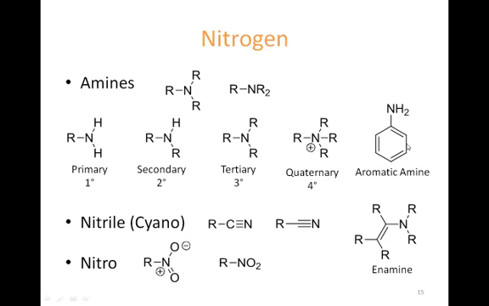And finally, you've got these aromatic amines or anilines, which we met earlier in the aromaticity part. And one of the other examples I want you to be aware of is an enamine. This is exciting.